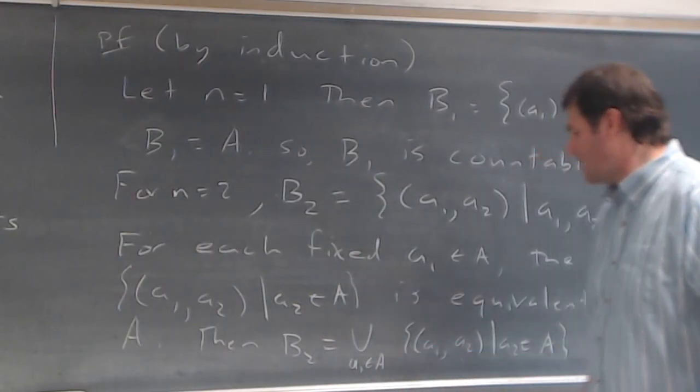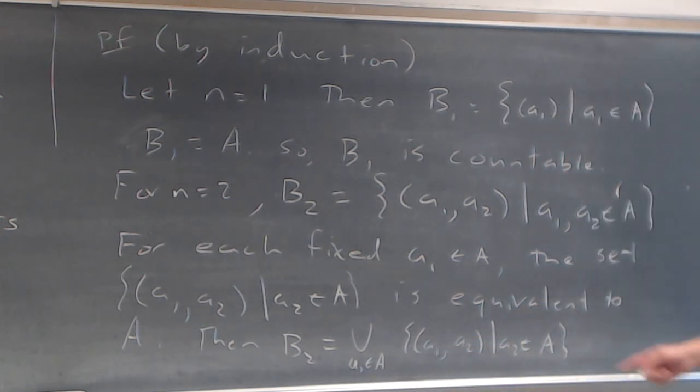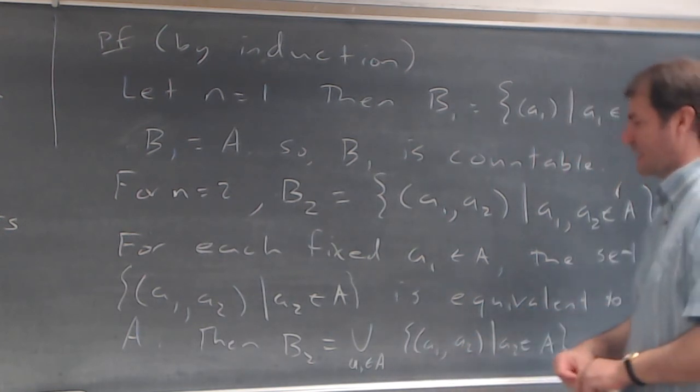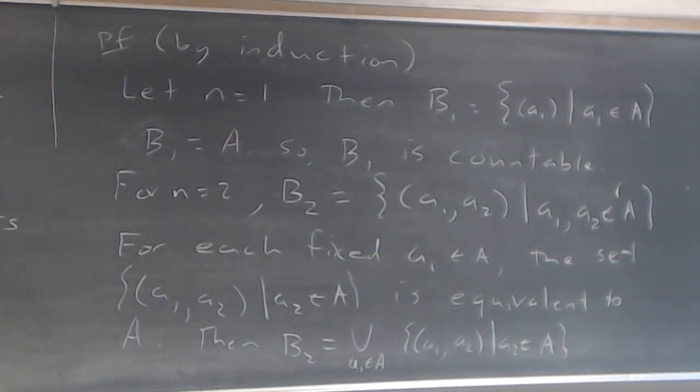Now, since A, big A, is countable, this is a countable union of countable sets, and so it is countable. I'll write that down. Here's what I just said.